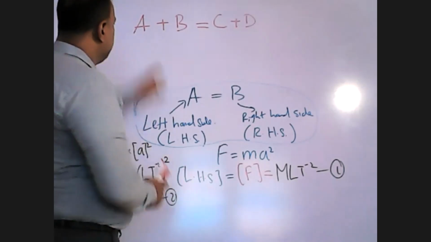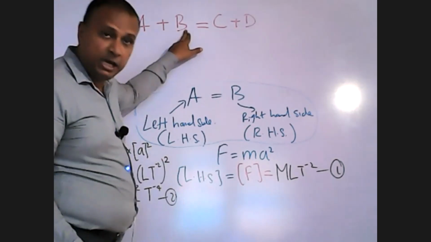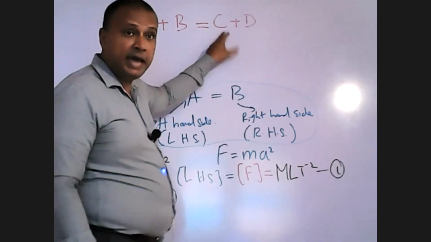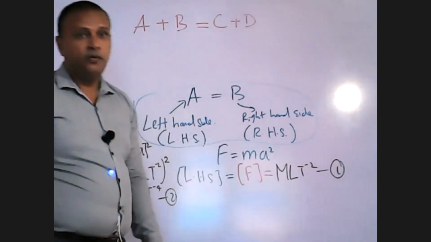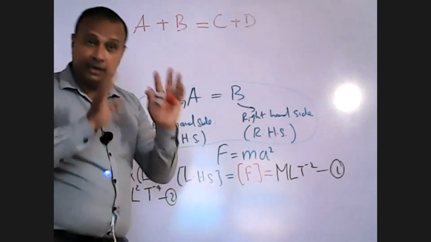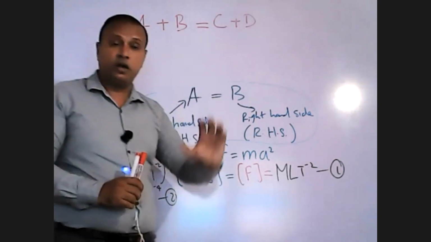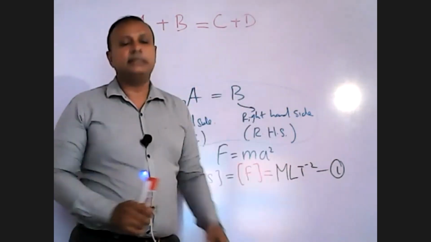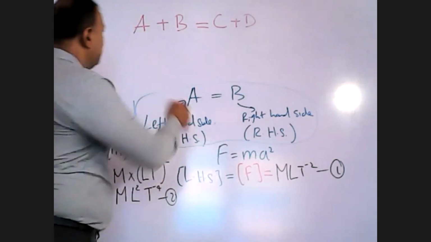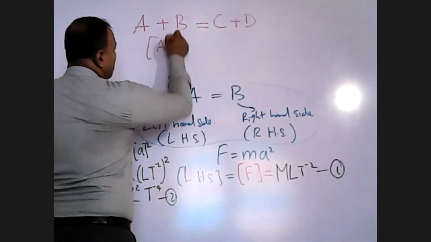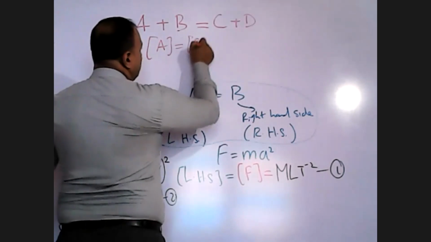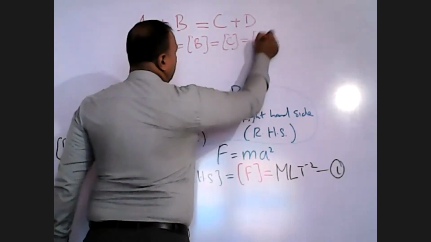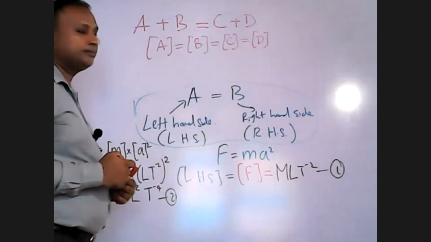That means dimension of A should be equal to dimension of B, and it is equal to dimension of C, and it is equal to dimension of D. If there is an equation, each and every term should have same dimension.